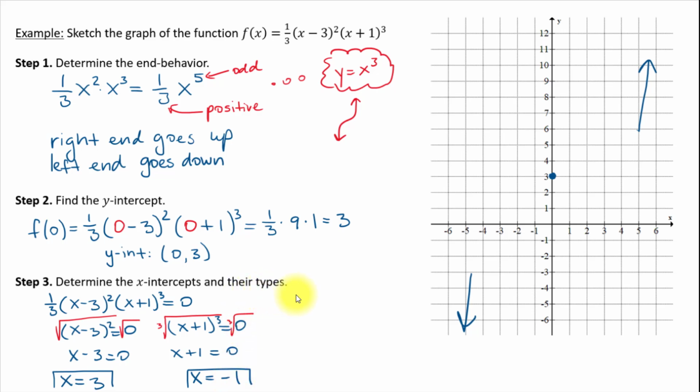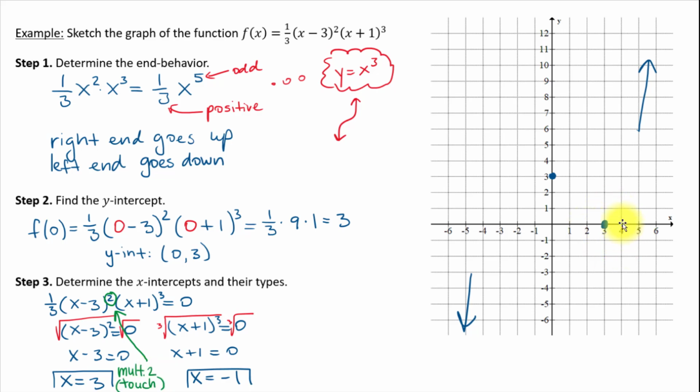These are the x-intercepts. But we also need to know their types. Remember how we learned that there are 3 types of x-intercepts: the touch point, the cross point, and the point of inflection. And the type of the x-intercept will depend on the multiplicity of each 0. Multiplicity of x equals 3 is 2. Basically, the solution x equals 3 is repeated twice because of the second power. And when multiplicity is even, the x-intercept is the touch point.